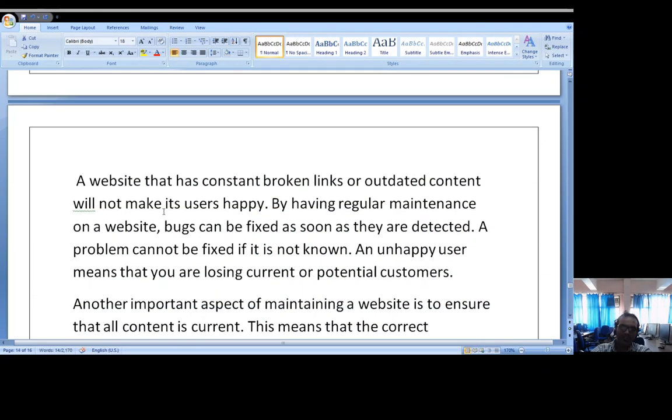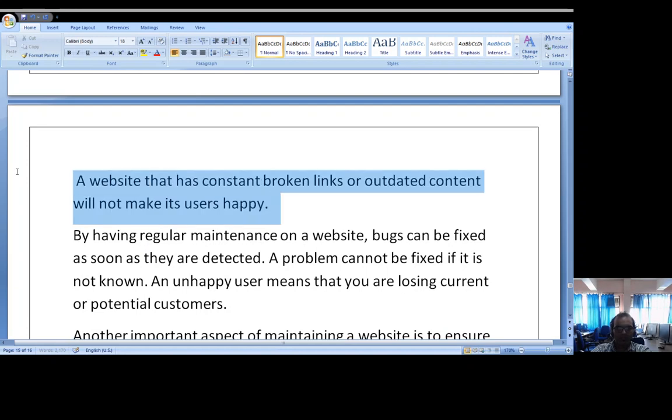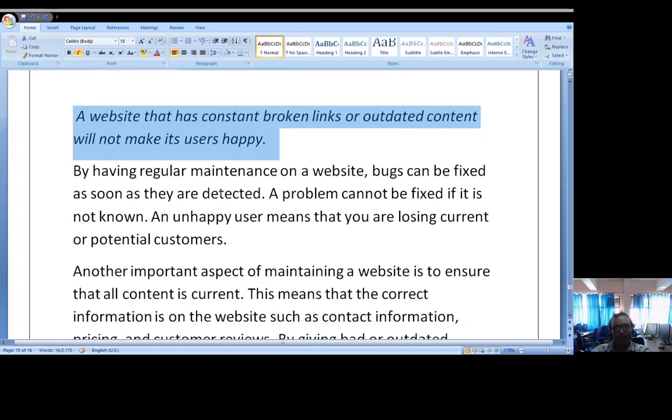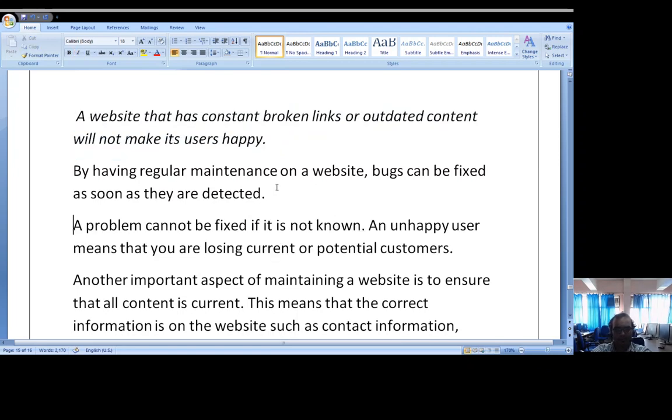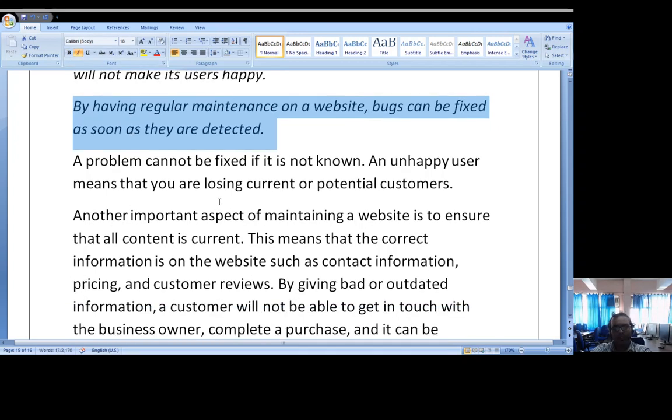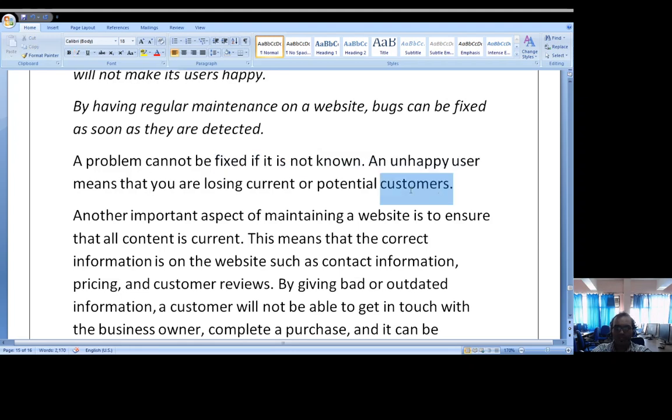A website that has constant broken links or outdated content doesn't make users happy. This is one of the important things to be considered. By having regular maintenance on a website, bugs can be fixed as soon as they are detected. A problem cannot be fixed if it is not known. An unhappy user means that you are losing current or potential customers.